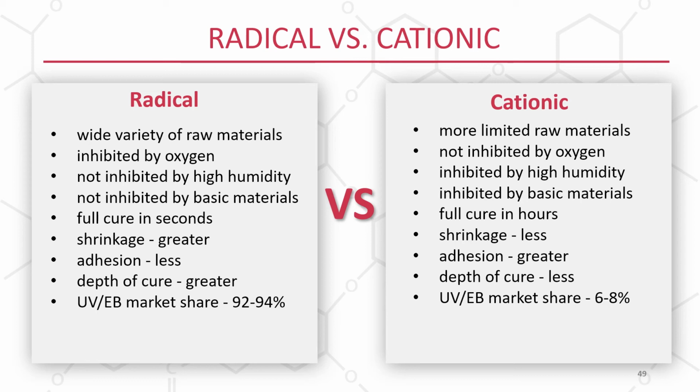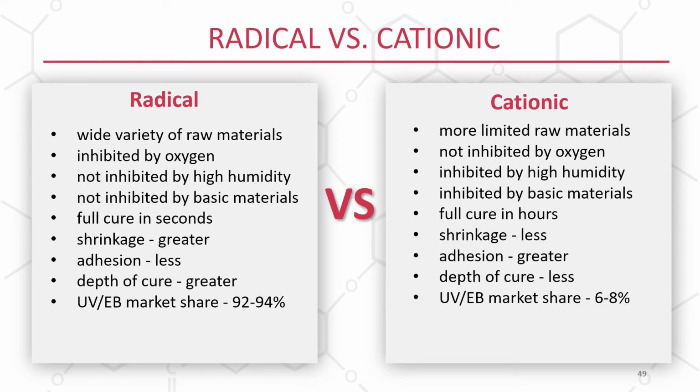For free radical curing, you have a wide variety of raw materials. In cationic curing, it's much more limited, though that has been changing over recent years, and that is increasing, but it's still nowhere near the number of free radical materials. Free radical curing is inhibited by oxygen, so the oxygen in your air will slow down or even stop your curing.